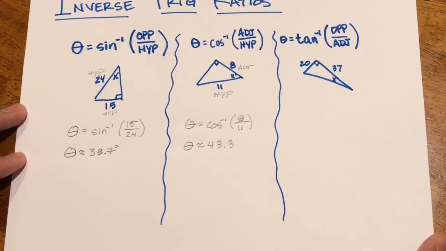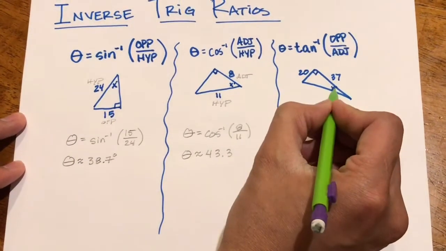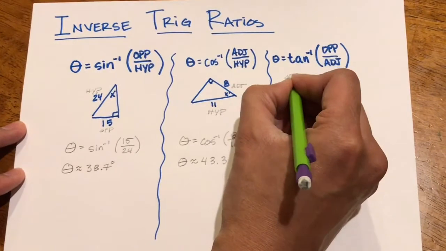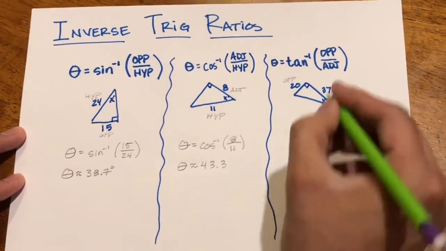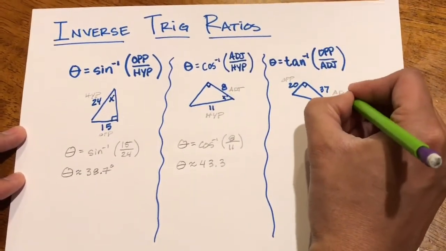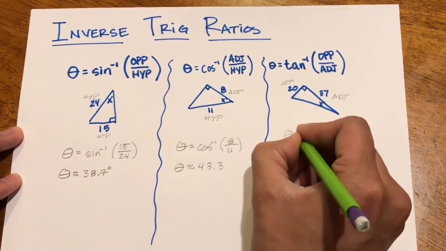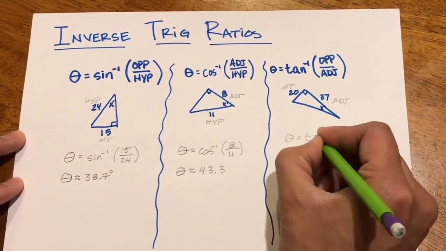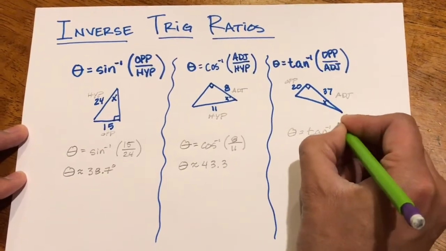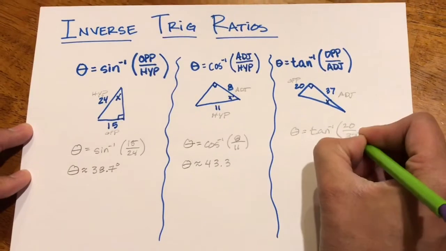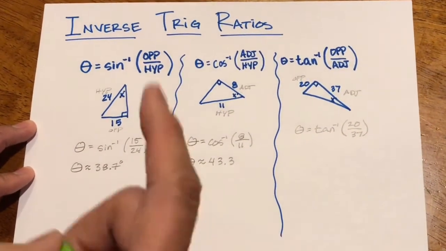And then the last one is tangent. So same thing, here's our reference angle. Notice that 20 is going to be our opposite, 37 is the adjacent side, and so we get theta is equal to tangent inverse of 20 over 37.